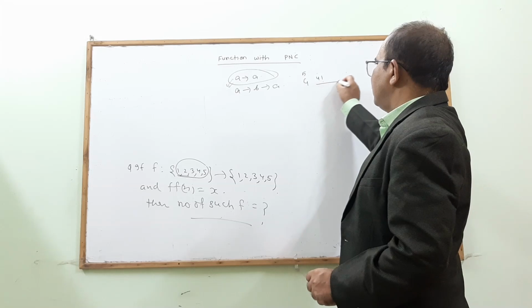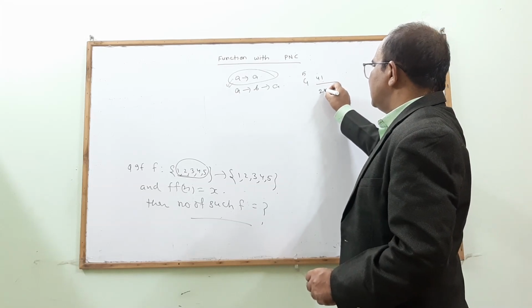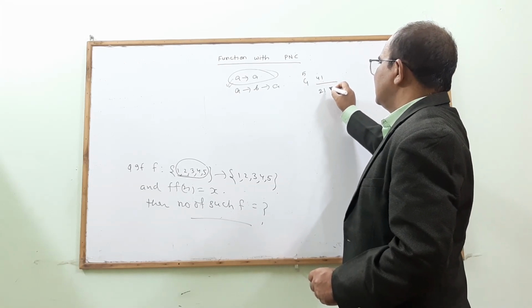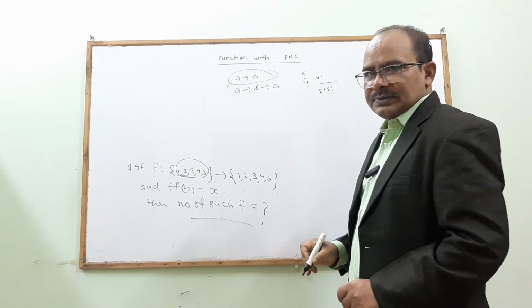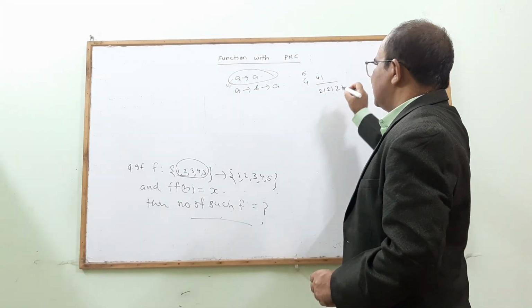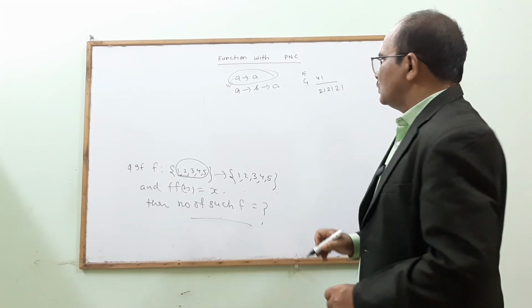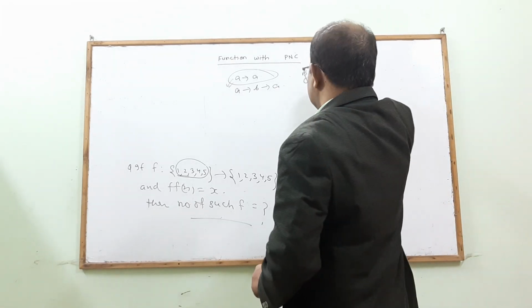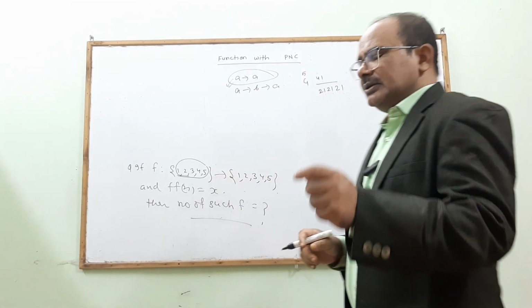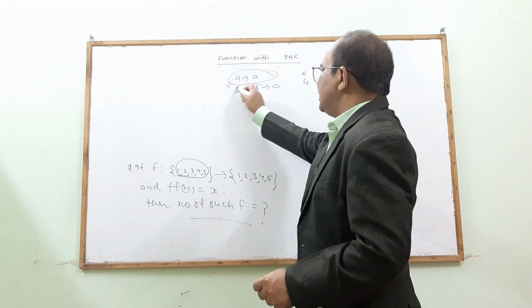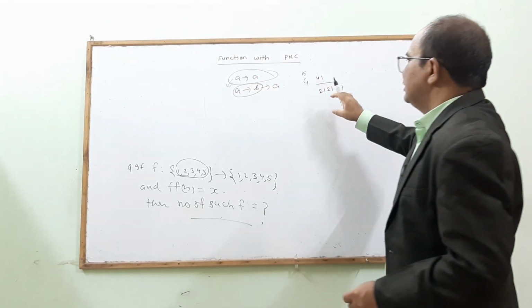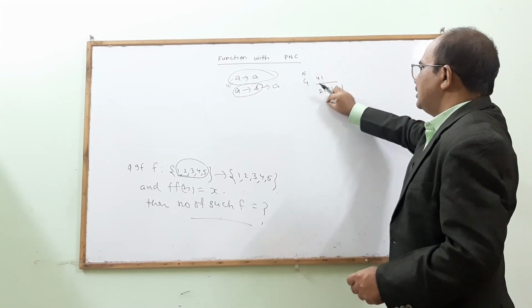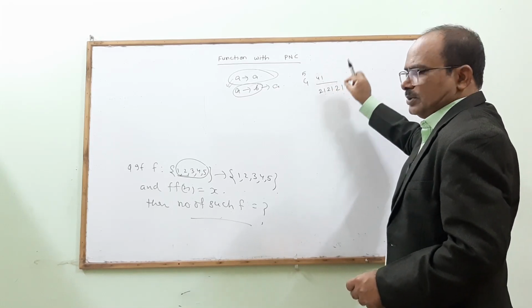If one element is selected, then the remaining pairs can be selected in 4 factorial by 2 factorial, 2 factorial, 2 factorial.